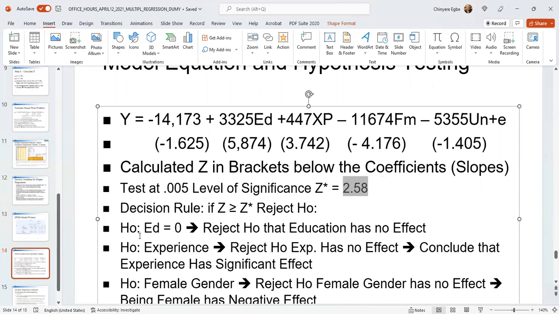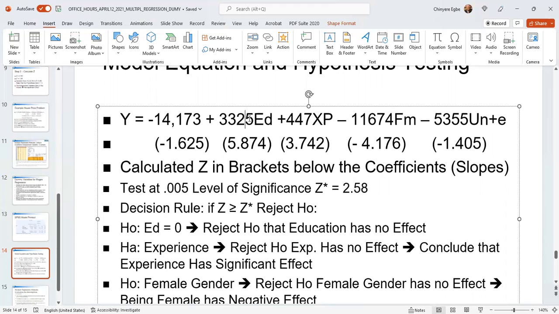The null hypothesis is that education has no effect. Well, when you compare 5.874 to the critical of 2.58, of course, you reject the null hypothesis that education has no effect.